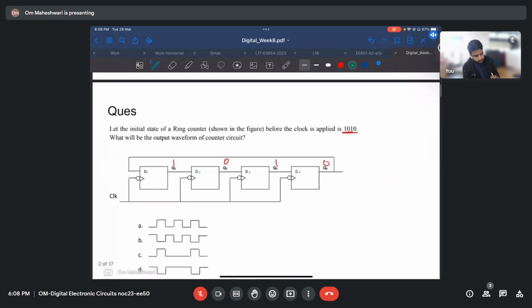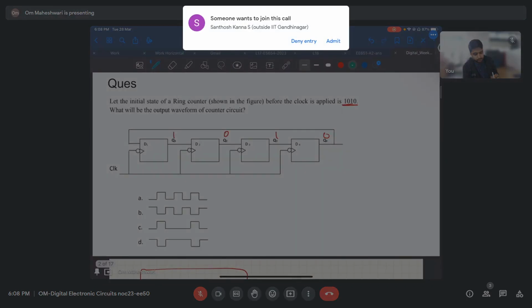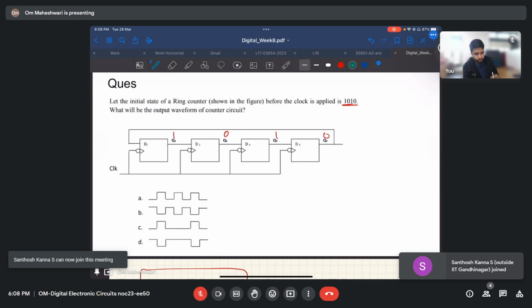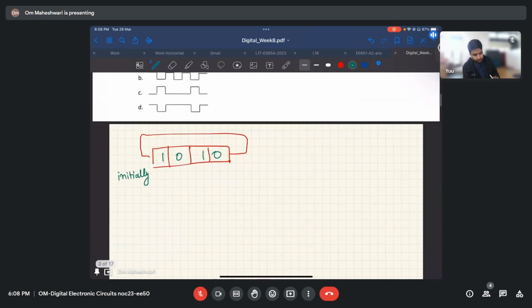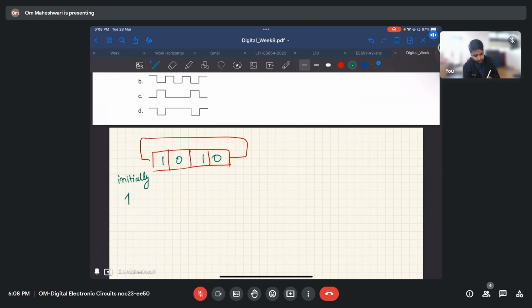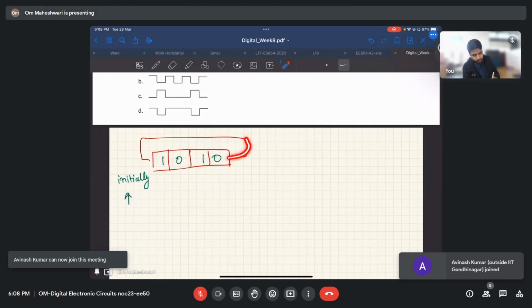Now the question is, what would be the output waveform? When the clock is applied here, what will happen? This will circle like this.